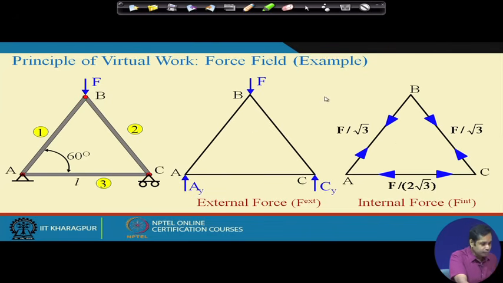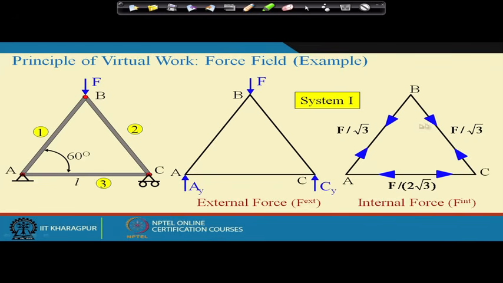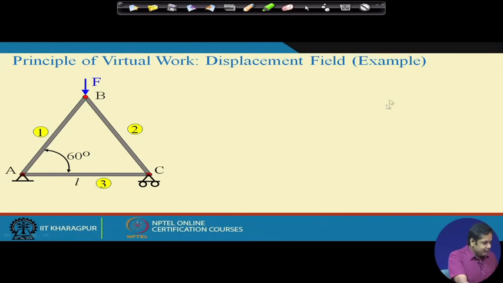Okay. Suppose this system we call system 1. So, system 1 is essentially a force field which has the external force and the internal force. Okay. And these internal forces are due to these external forces. So this was the force field.